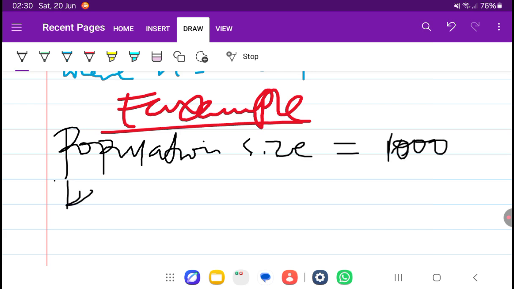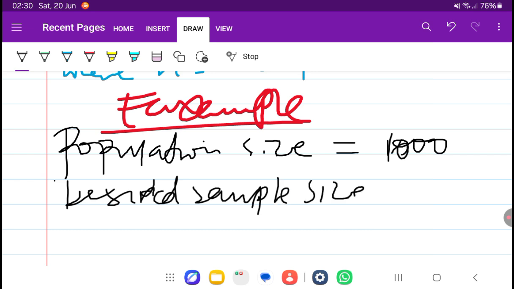Then the desired sample size is equal to 30. So these two are actually given.